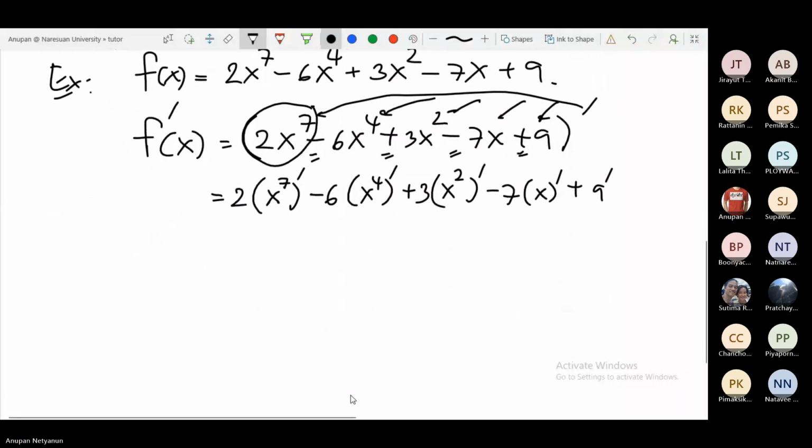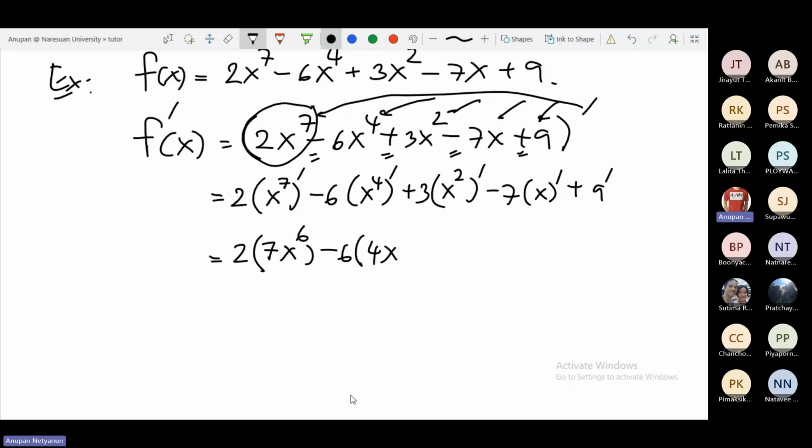So you can use the power formula, which is you have x to the 7 and take derivative, take down the 7 and reduce the 7 by 1. So 7 subtract 1 is 6. This one is the same, negative 6. And this one, bring down the 4.